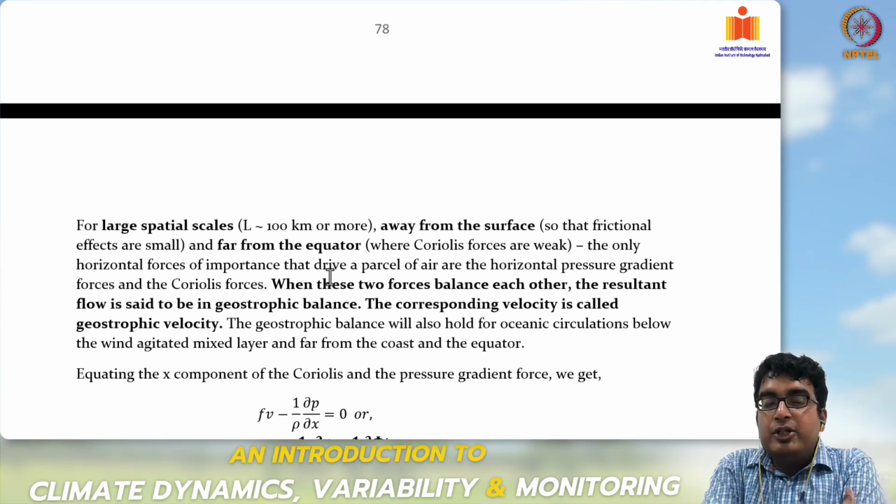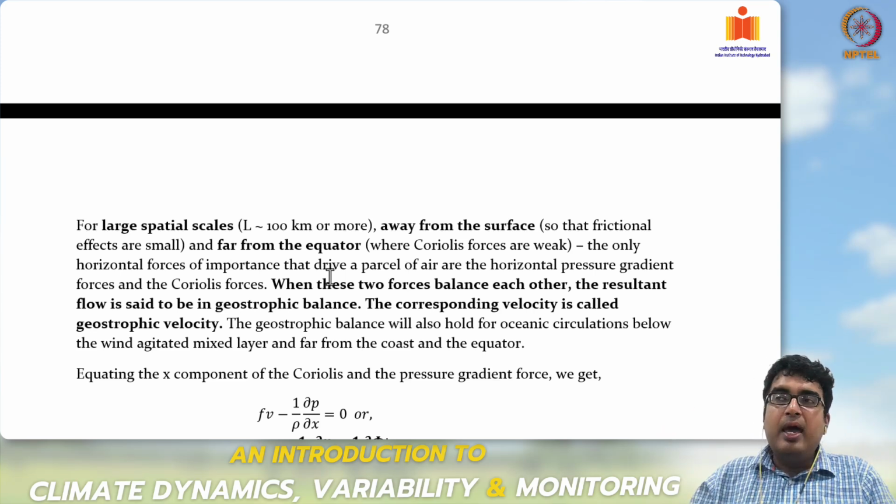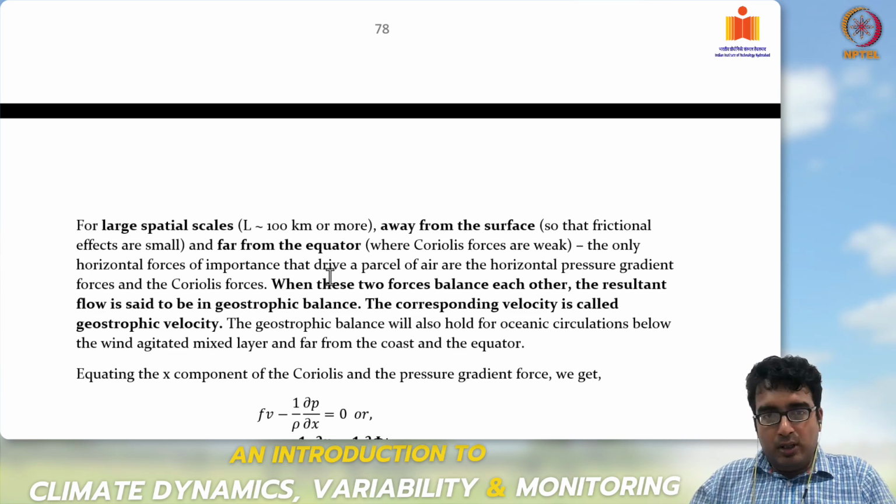For large spatial scales, length scales of 100 kilometers or more, away from the surface, so that the frictional effects are small, and far from the equator where the Coriolis force is weak.